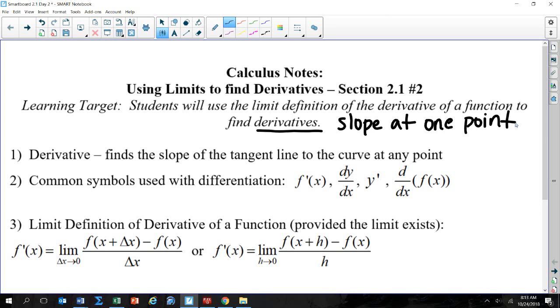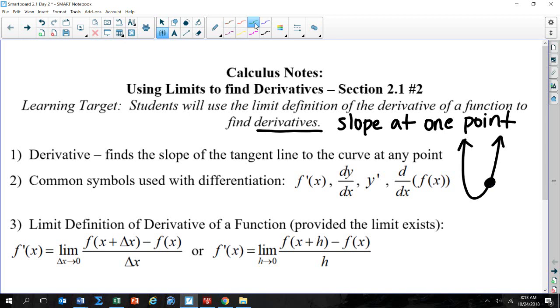The derivative finds the slope of the tangent line to the curve at any point. So if I have a curve like this, and I want to know the instantaneous rate of change at this point, what I need to find is the slope of the tangent line. Hopefully you remember what a tangent line looks like from geometry.